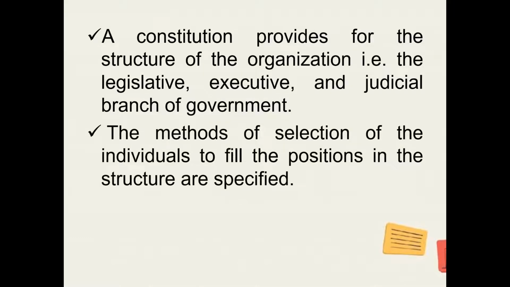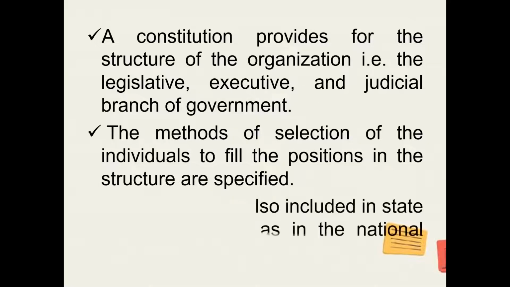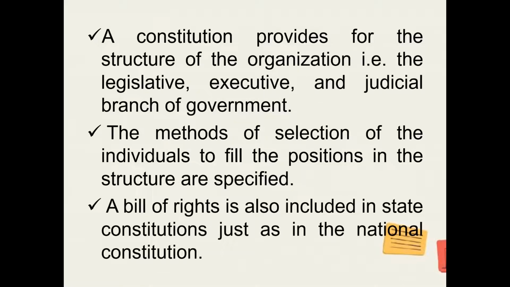Next, the methods of selection of the individuals to fill the positions in the structures are specified. We all know that in the Constitution, we have the right of suffrage, no? Meaning the right to vote. So all these things are enshrined in the Constitution. That means every Filipino, for as long as you are already 18 years of age and you are qualified and registered, can exercise your right of suffrage. Okay, under, I think, Article 5.